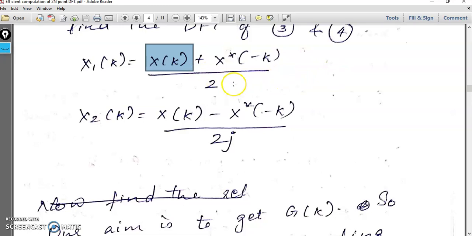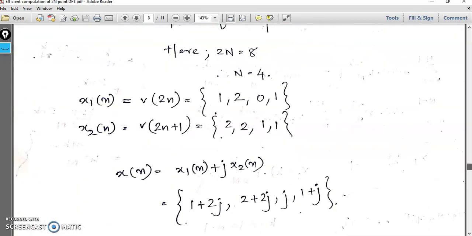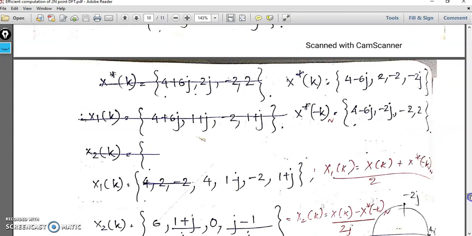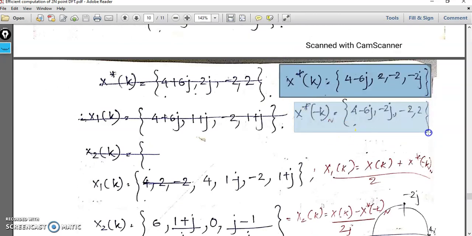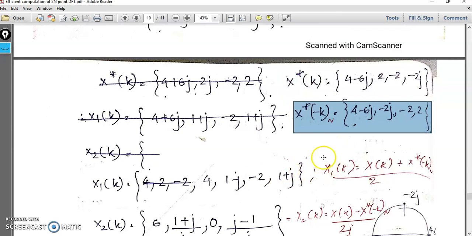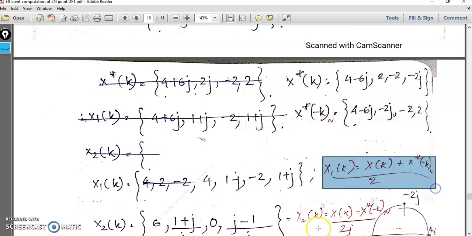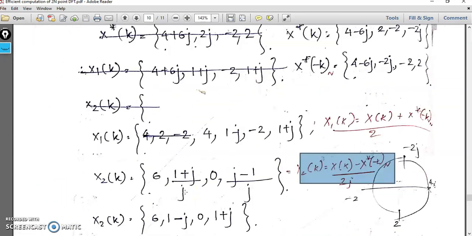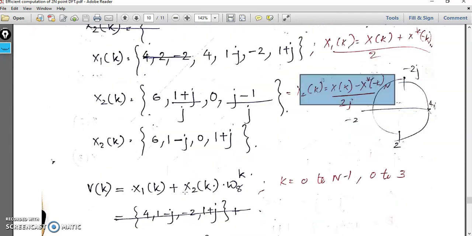From x of k, you can compute x conjugate of minus k. Then you can compute x1 of k using this equation, then x2 of k. These are the values. Do the problem and cross check the values.